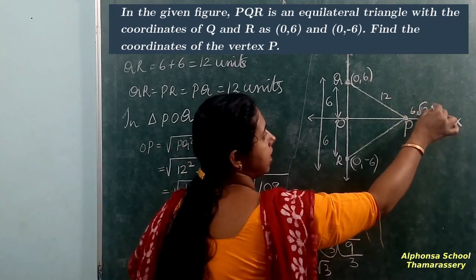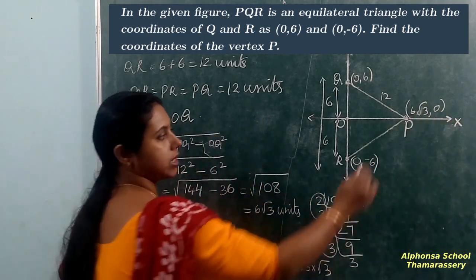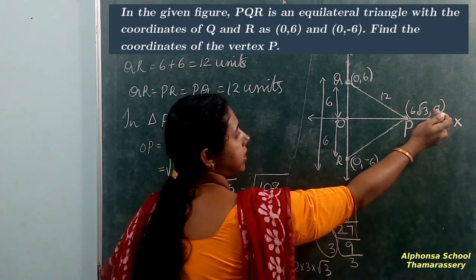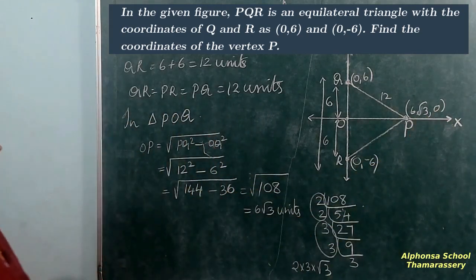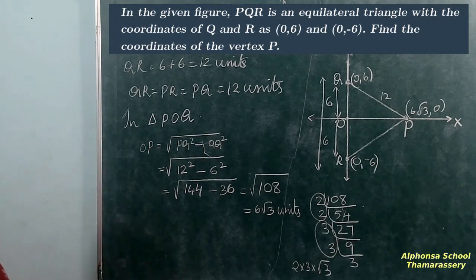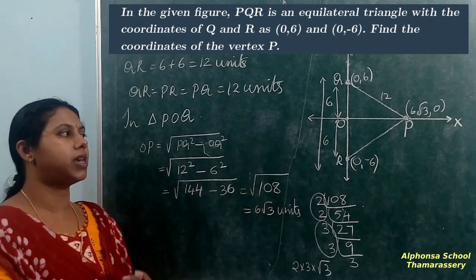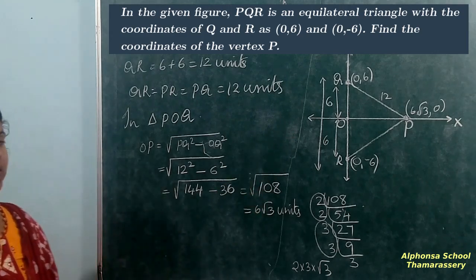So (6 root 3, 0). The y-coordinate is 0, because the distance from the x-axis to the point is 0. We wanted to find the coordinate of the vertex P. Now we got the distance OP is equal to 6 root 3. Therefore, the coordinate of P is (6 root 3, 0).